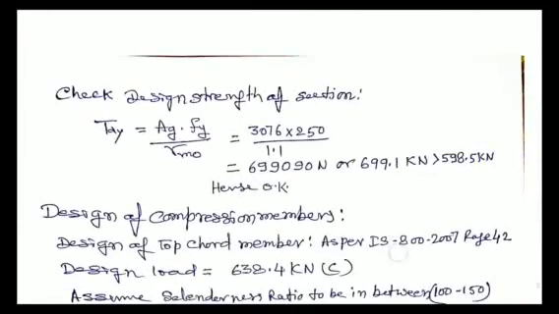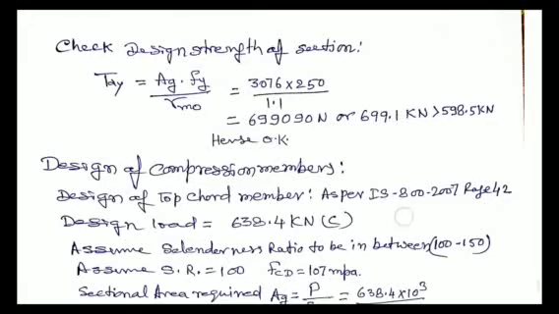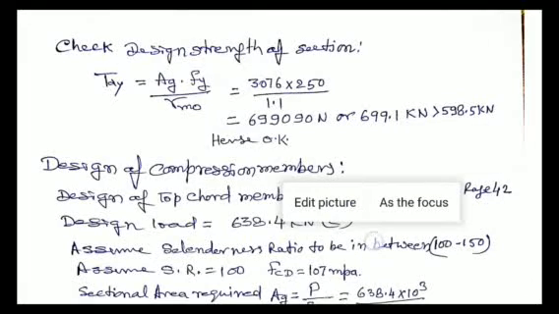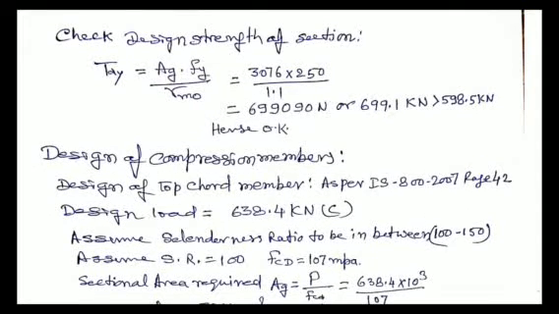Now check the design strength of the provided section. So Td should be equal to AG into Fy divided by gamma m0, by the same formula used for designing it. So AG is 3076 mm square multiplied by 250 divided by gamma m0 1.1.